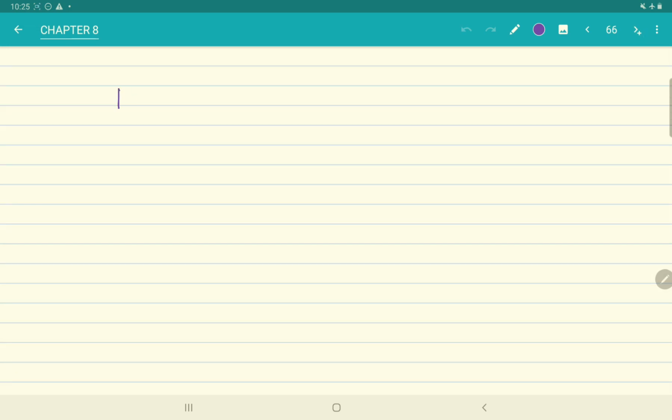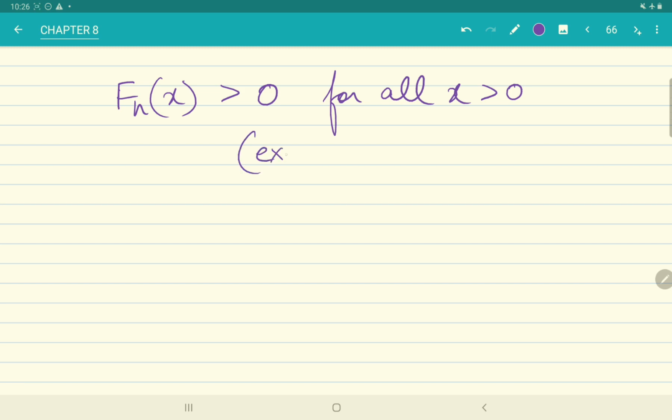That means fh of x is greater than 0 for all x greater than 0, except at x equal to 1, because fh of 1 is 0.